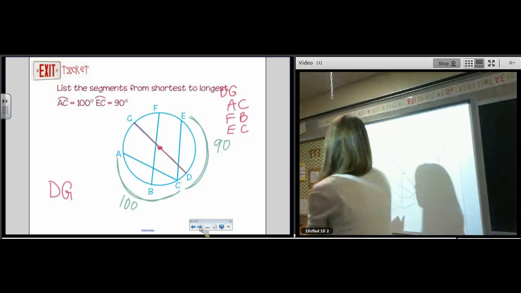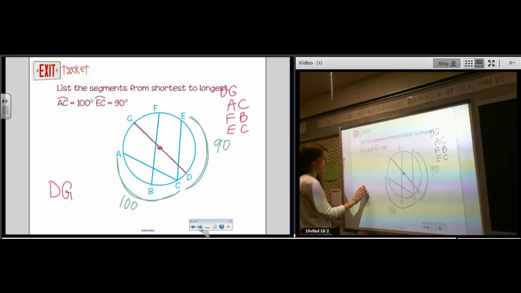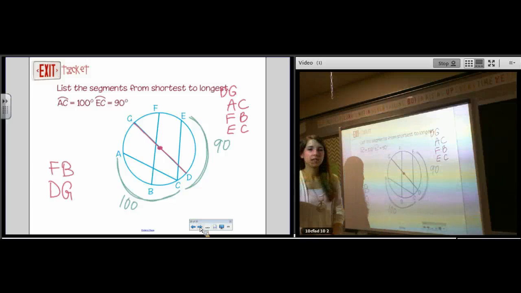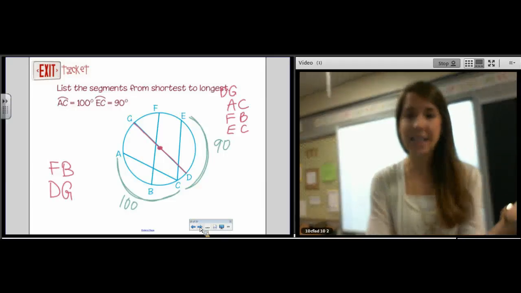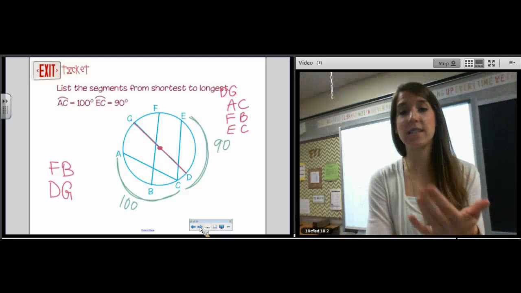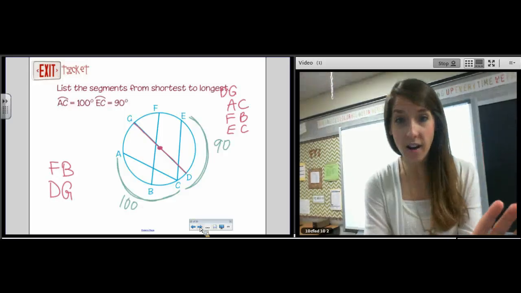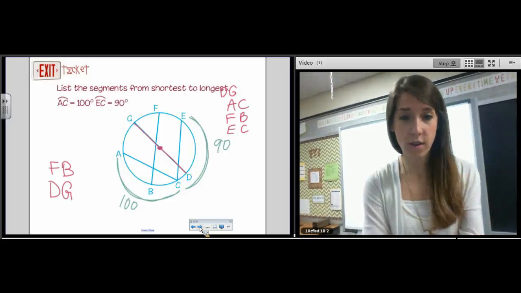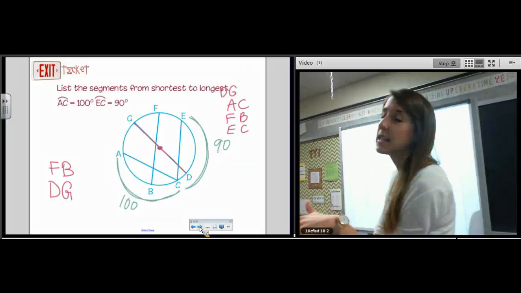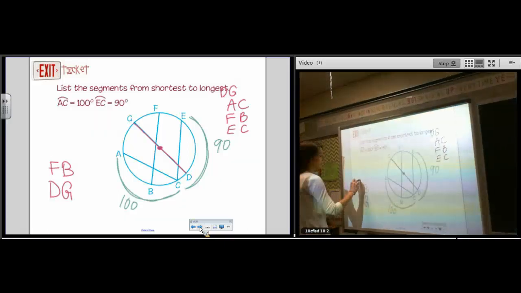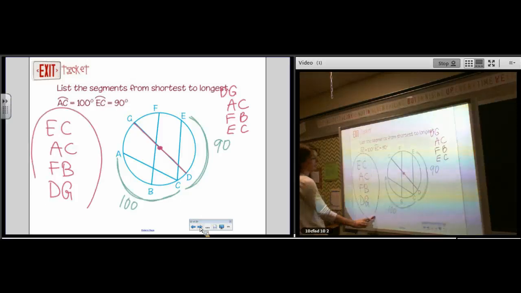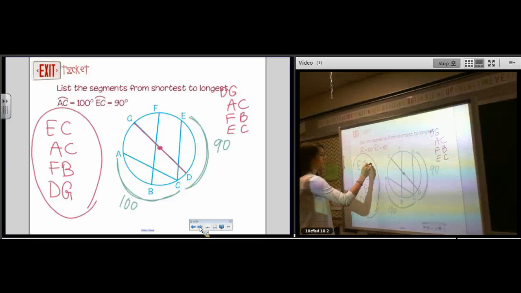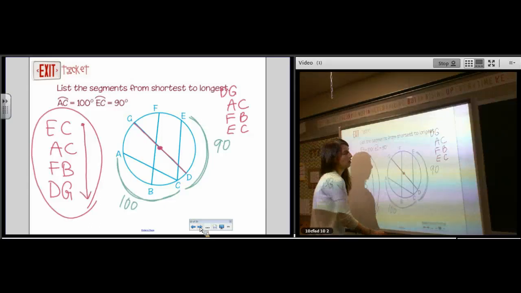FB is the closest to the center, so FB has to be the second longest. And then we need to try to decide, is AC longer or is EC longer? That's when we look at the arcs. The bigger the arc, the longer the chord. So AC intercepts the bigger arc, and EC intercepts the smallest arc out of our options. So that would be in order from shortest to longest.